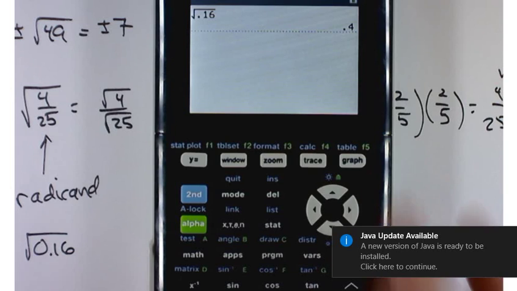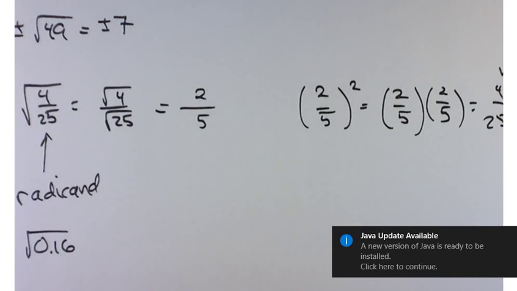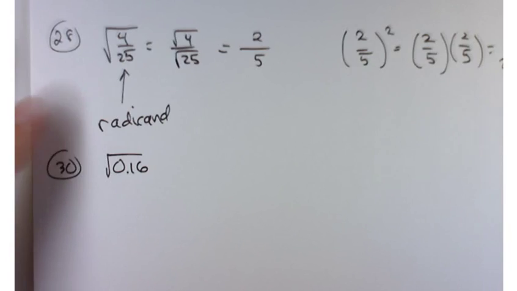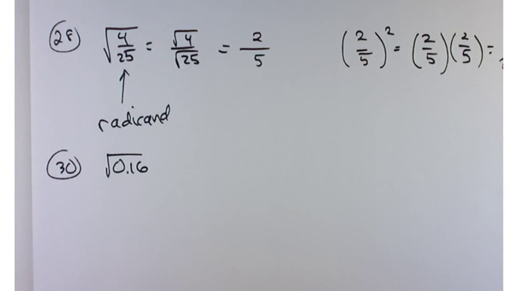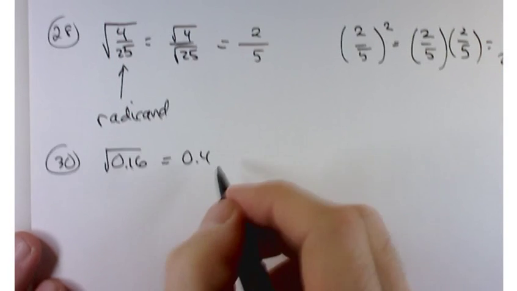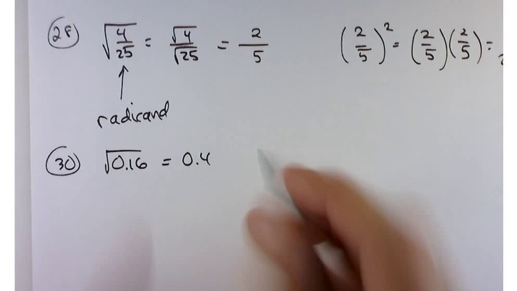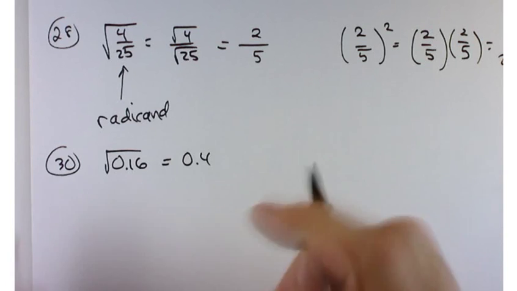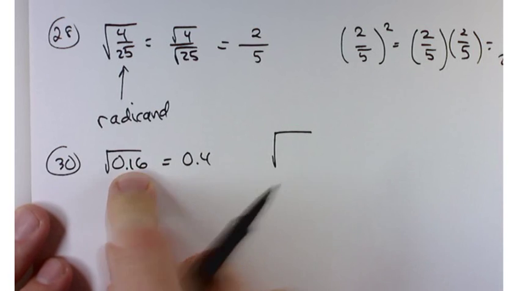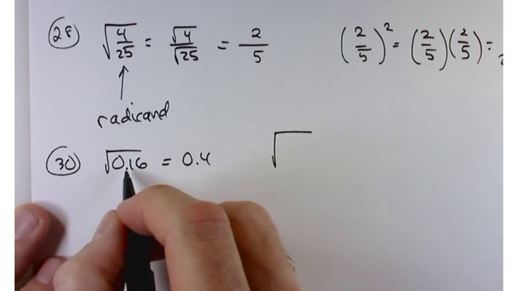Yay. Let's see if we can make sense out of this in a different way, though. Is everyone able to get the 0.4 off their calculator? Yeah? Good? All right, thank you. So 0.4. Another way to see this, if you were stuck without a calculator, because this one works out good, is to write 0.16 as a fraction.